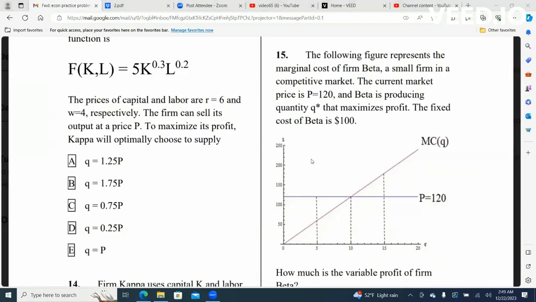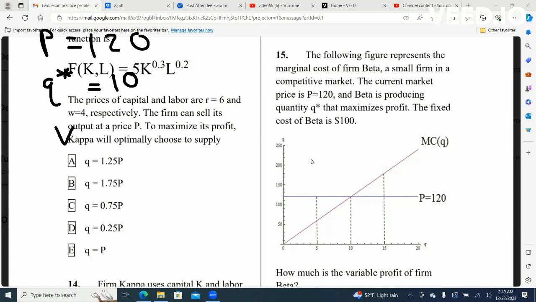The price is going to be 120. We see from the graph that Q star is where the two graphs intersect. It's always true.